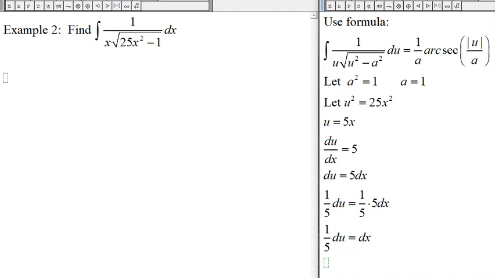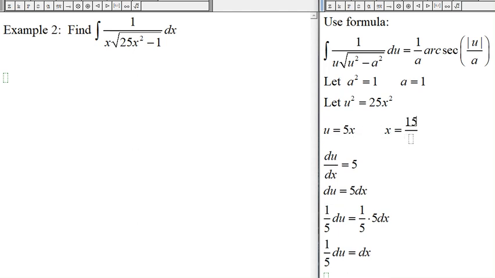And then also right here, because we need to rewrite this x in terms of u, if we solve for x, then we're dividing by 5, so we get x equal to 1/5 u.